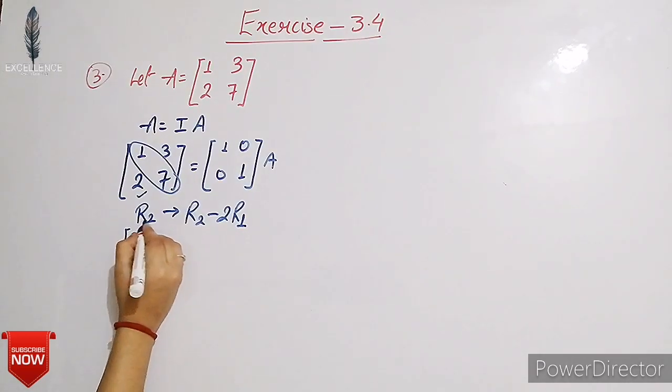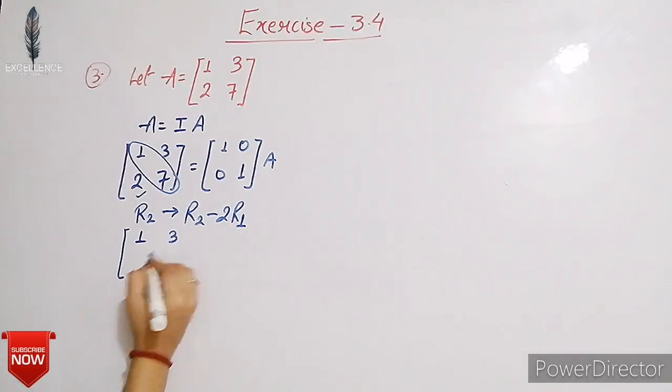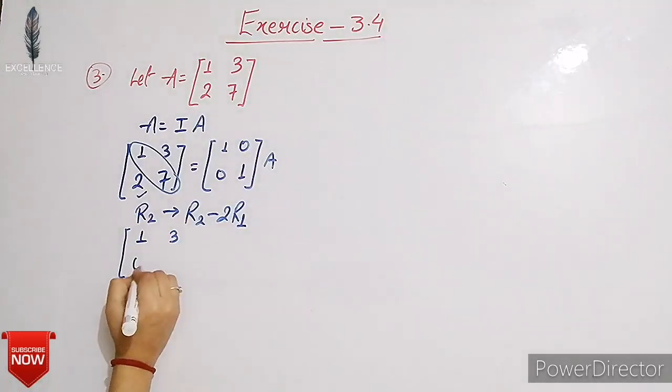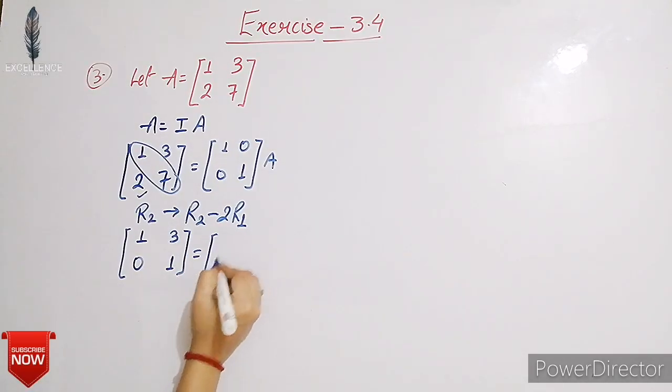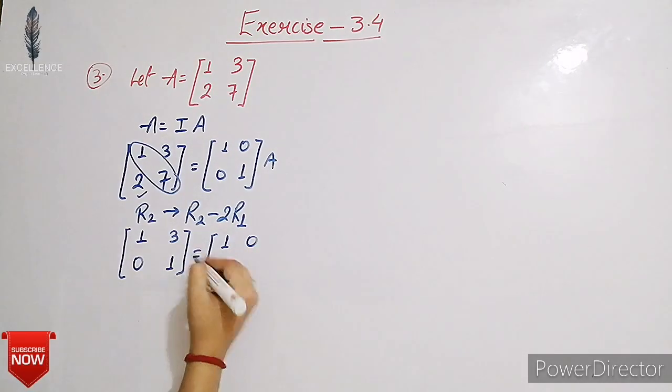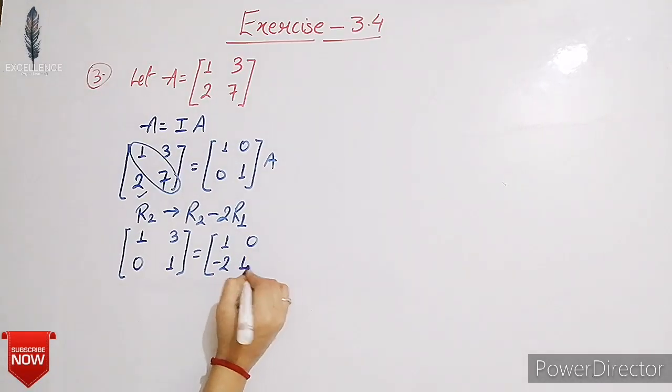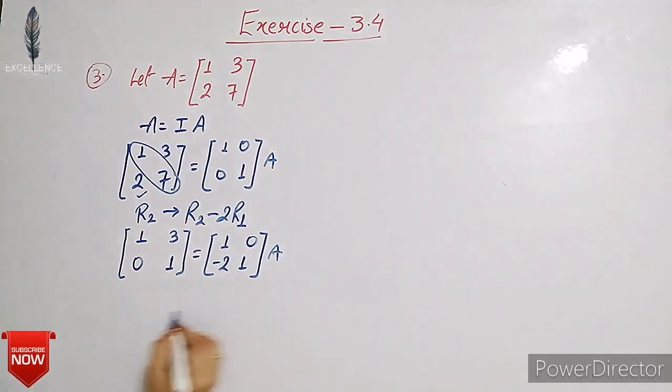Then we have R1 is same, that is 1 3, and R2 becomes 0 and it is 1. Now it is 1 0, R1 is same, and R2 becomes minus 2 and 1 into A.